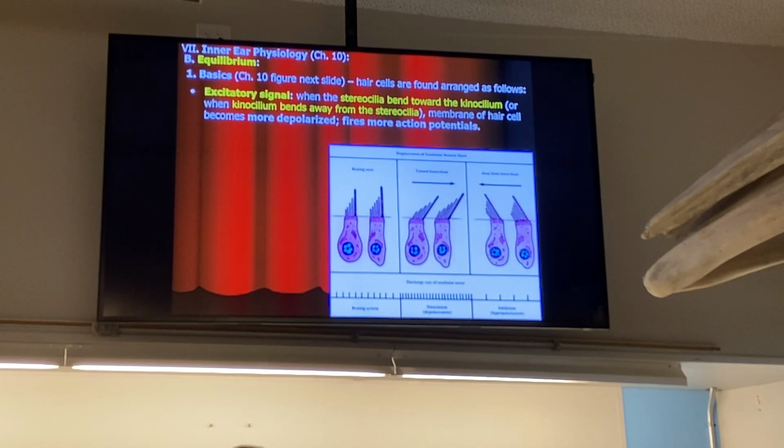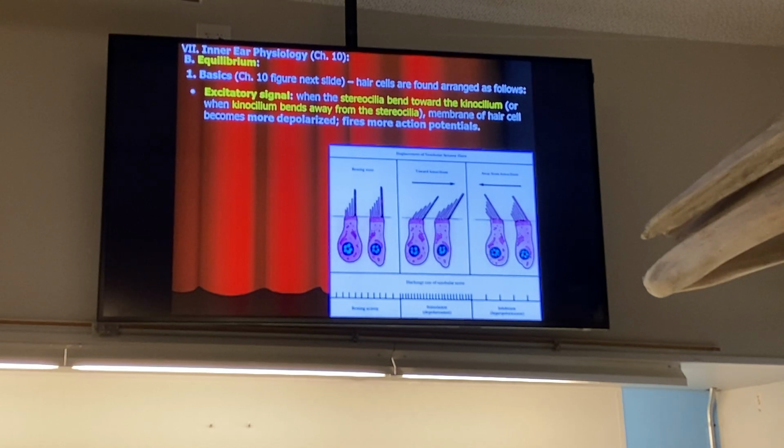And you can see it right here. Each one of these spikes is an action potential. Resting tone, still firing at a regular rate. Everybody see that?